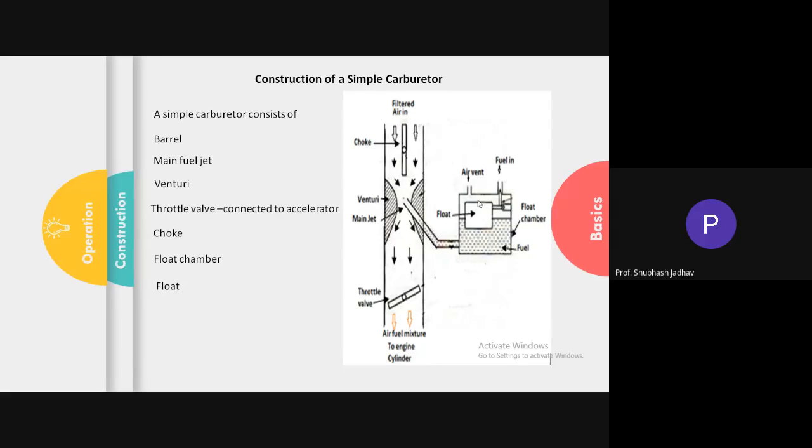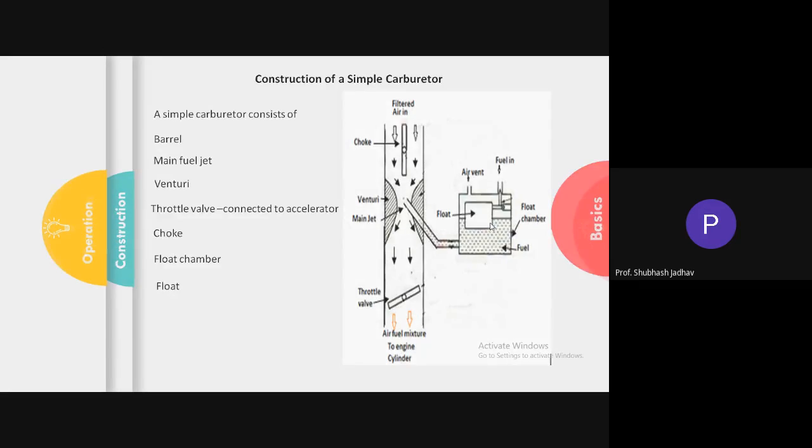Similarly, when this level is falling down, this float will also come down, and accordingly the needle will come down and allow the fuel to come in. When this is moving up, the needle will be going inside and stopping the fuel coming into the float chamber. So that is about the different parts, or the constructional details, of a simple carburetor.